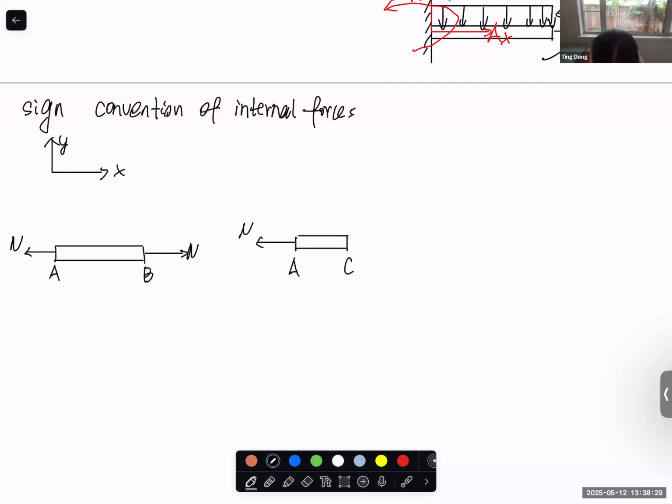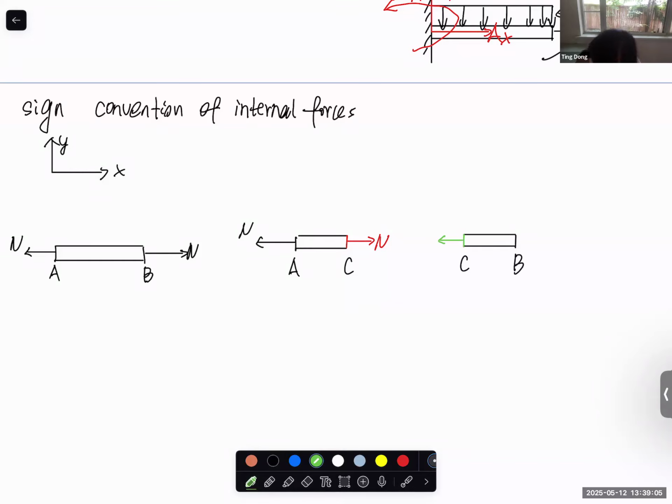Now for this cutting surface, let's use a different color. Now this becomes a positive surface. This one is the internal force, and this is positive. And the same thing, if we take the right section, CB, let's use a different color.